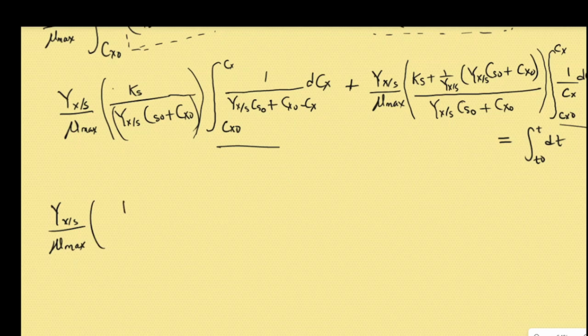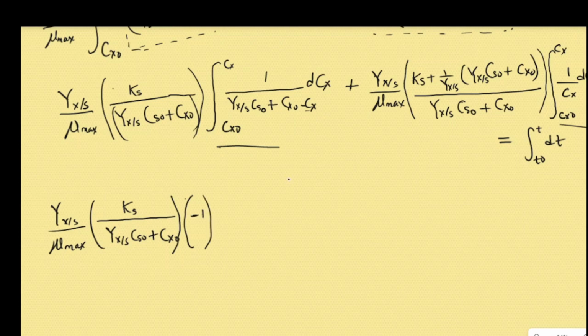We now have Ks over Y_X/S (Cs naught plus Cx naught). When we carry out this integration on this side, take note of this negative variable here. If you want to integrate this correctly, you have to differentiate this particular parameter, negative Cx, with respect to Cx, to give you -1. So I'm going to put a -1 outside the bracket here.